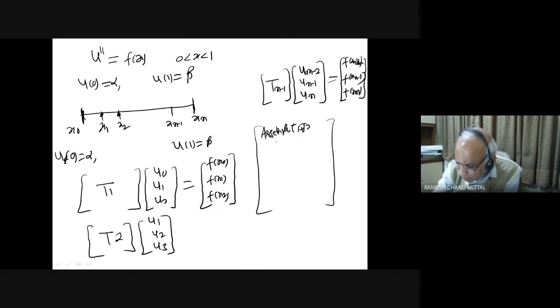So you assemble, which is much easier, and then you have the total matrix system here, which is the assembly of Tn minus 2 and Tn minus 1.